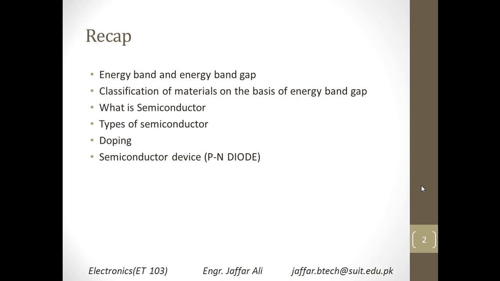We looked at how a semiconductor is formed, how a PN junction is formed and how the device actually works, and how you can increase the conductivity of a semiconductor using the doping method. We used two types of doping, intrinsic and extrinsic. And in the last, we looked at how a basic PN junction diode actually works.